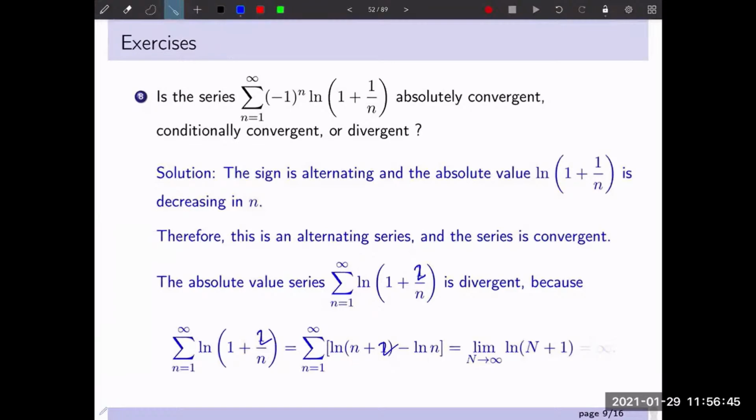But the first method is easier. Still, this is order 2 over n. If this is order 2 over n, then the series of 2 over n is divergent by using the integral test, right? So this is another method to consider this question.